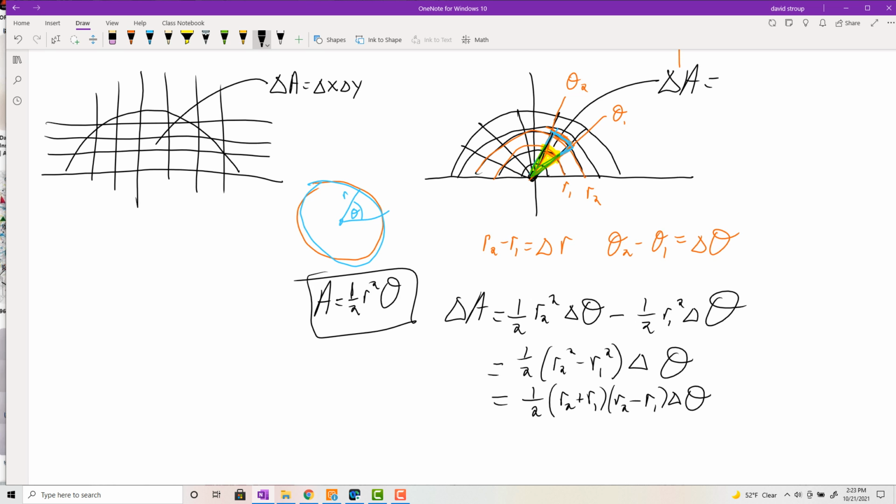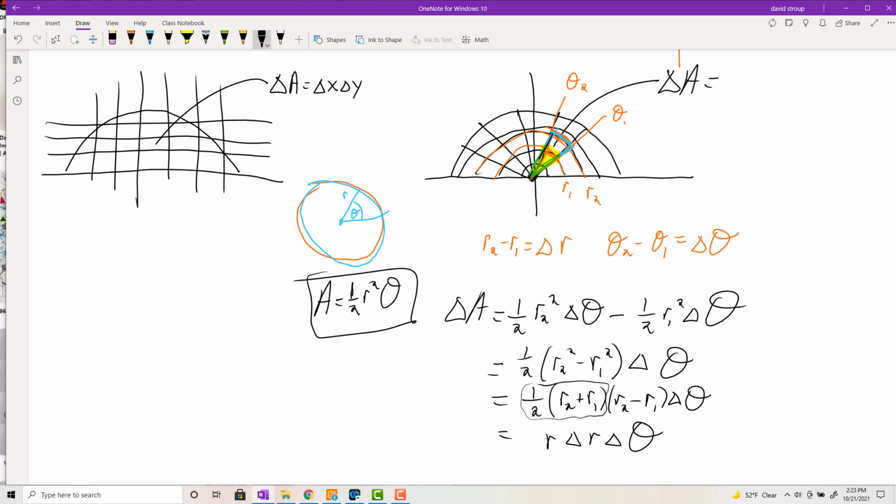And now things are starting to come together, right? This first part is just the midpoint, okay? So we could just say that's some value r. And then r2 minus r1 is the delta r. And then the delta theta.